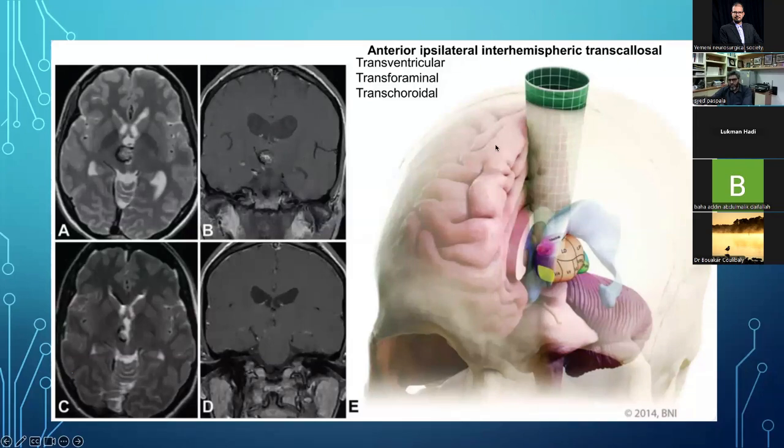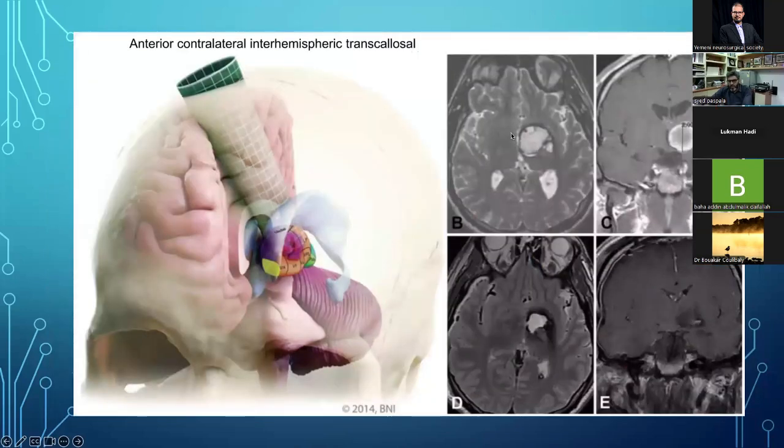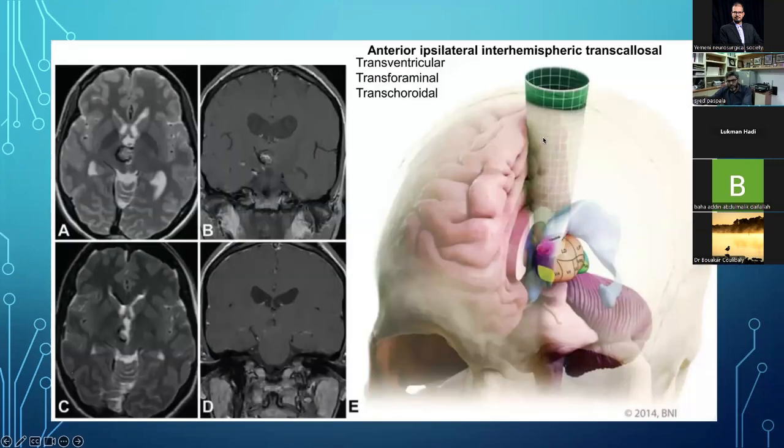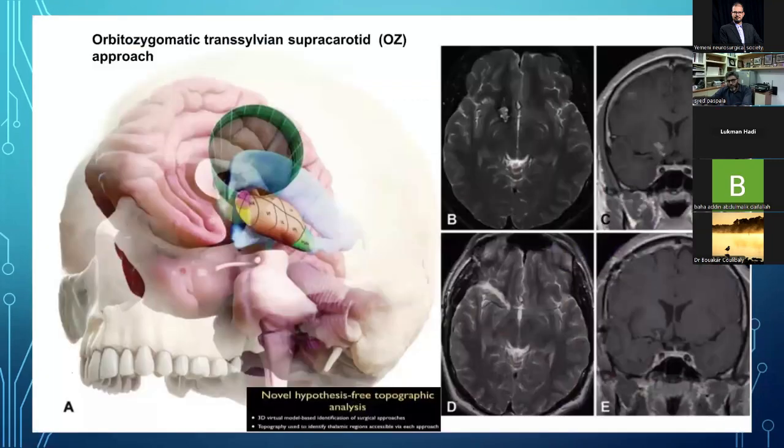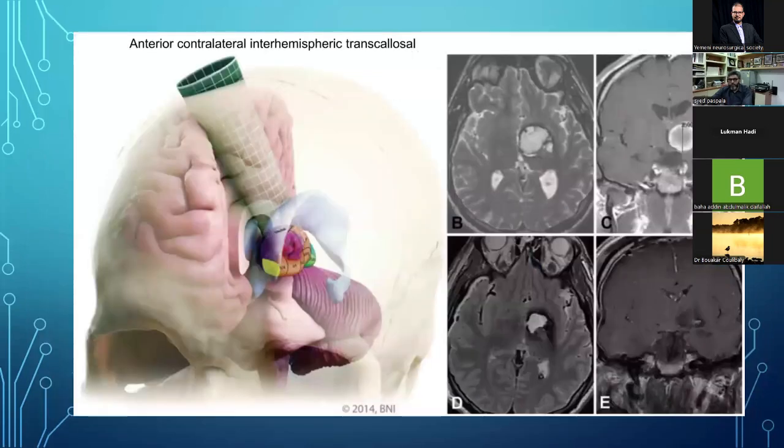This is approached through the anterior interhemispheric approach with ipsilateral transcallosal splitting. And if the lesion is located a little lateral in the anterior part of the thalamus, this can be approached through the anterior interhemispheric approach, but with a contralateral transcallosal approach.